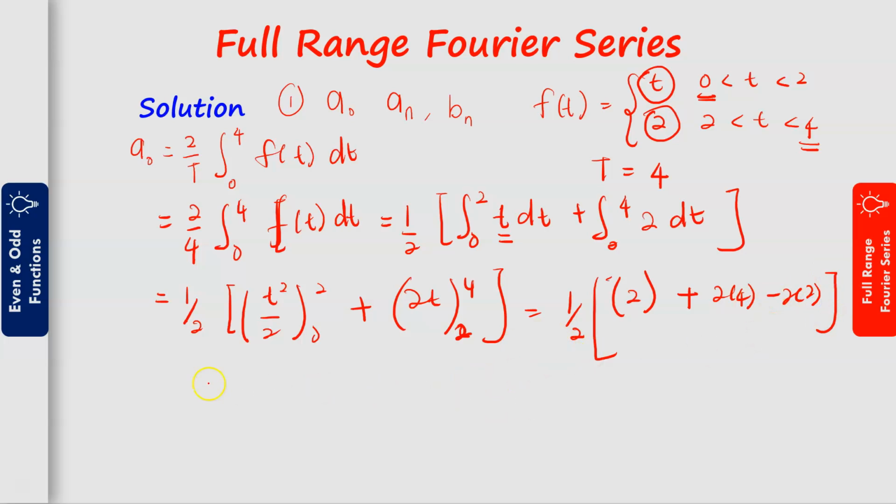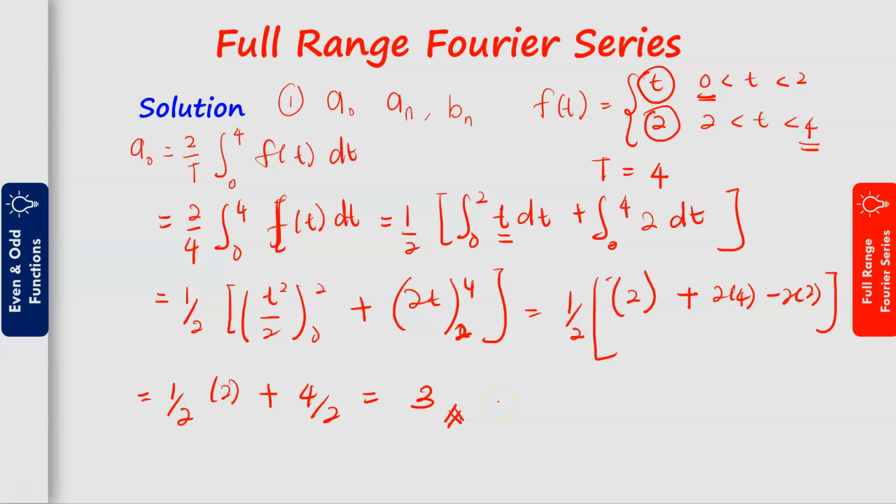So we'll have equal to 1 over 2 times 2 plus 8 minus 4, which is 4, divided by 2. So we'll have a naught equal to 3.